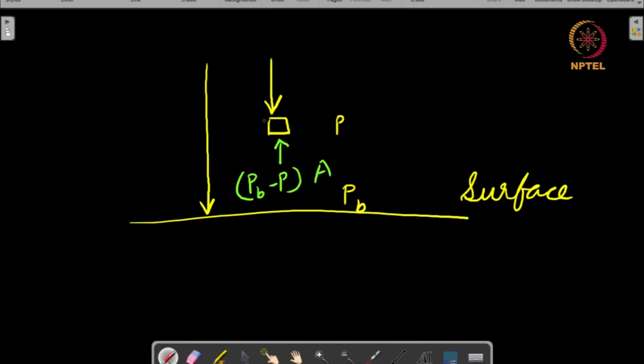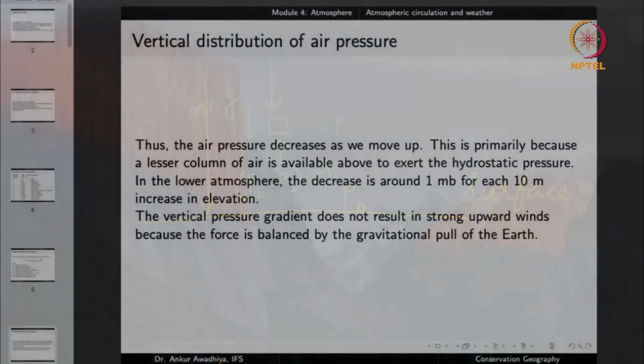But this force is exactly counterbalanced by the gravitational force which is pushing it down, which is given by mass into acceleration due to gravity. So both of these balance each other out, because of which we do not find a strong upward wind movement, even though at the ground level the pressure is high, and as we move up the pressure reduces.